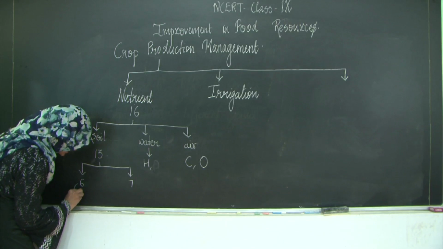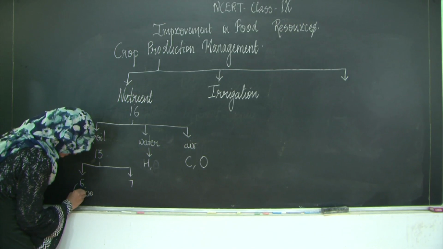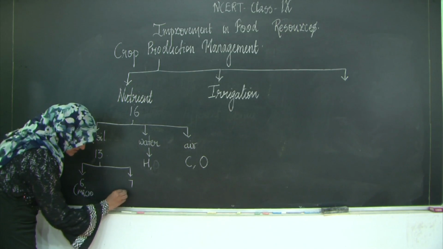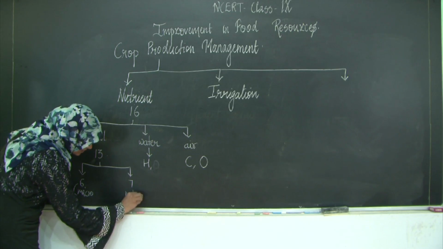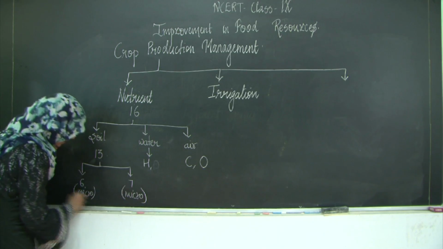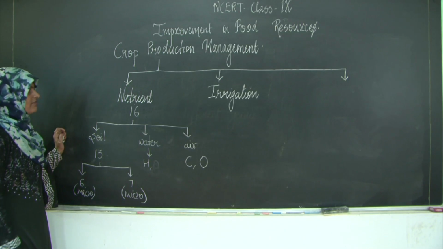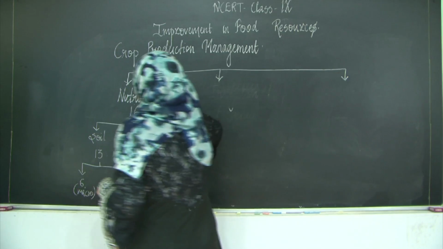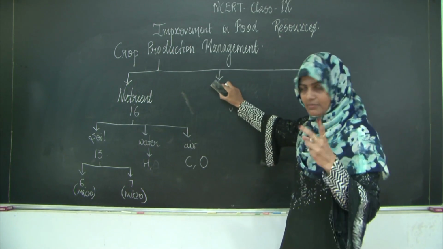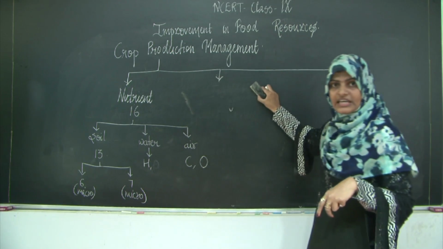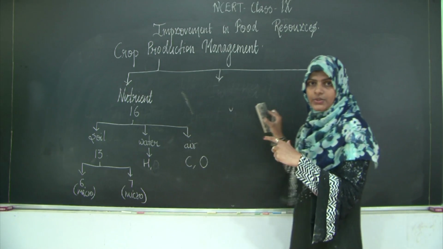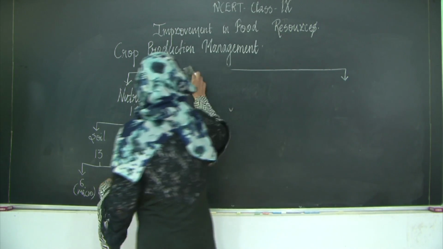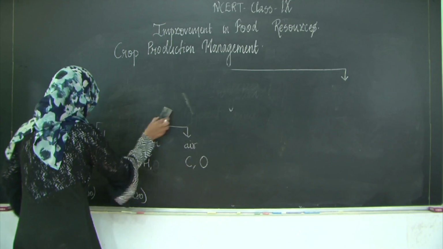That's why they are called micronutrients. Let us first study the nutrient management in detail. The production management can be done by 3 things: nutrient management, irrigation, and the last one is interrelated to it. Why it is interrelated, you will come to know later.